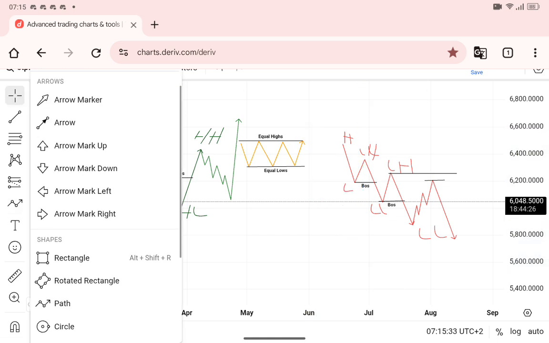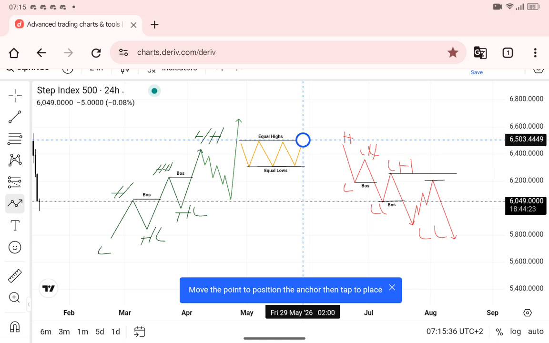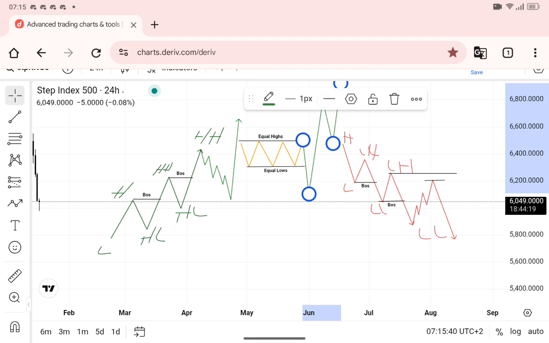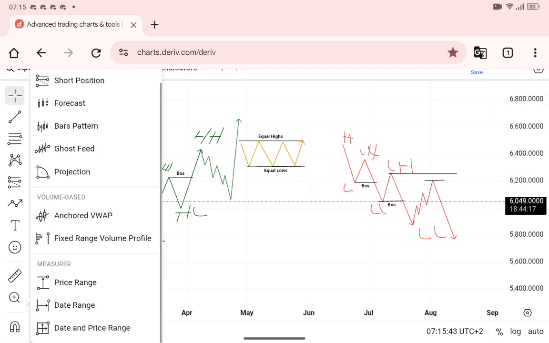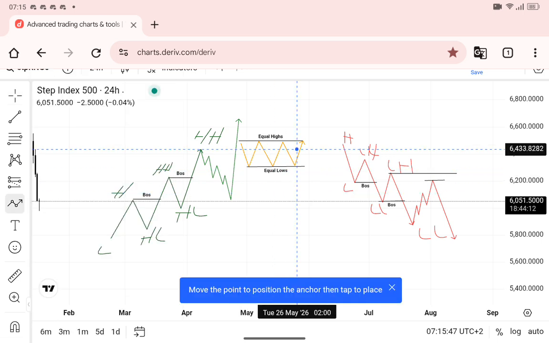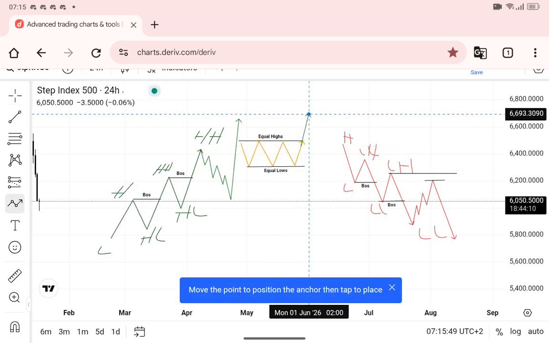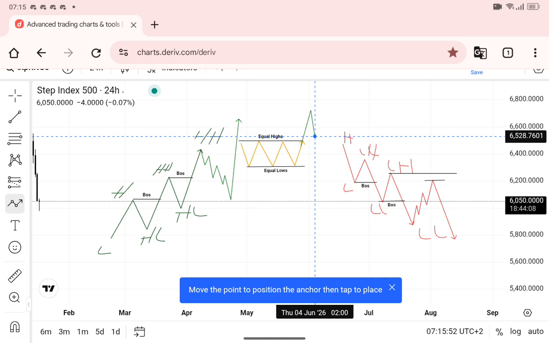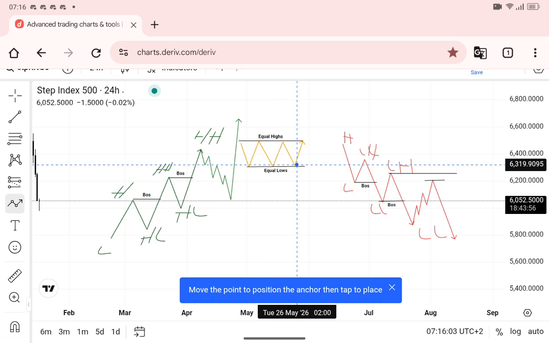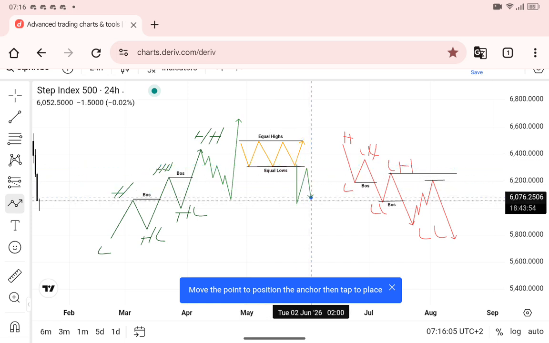Or you might see price shifting here and start giving you something like this, or something like this. It's vice versa, whereby you can get a break.